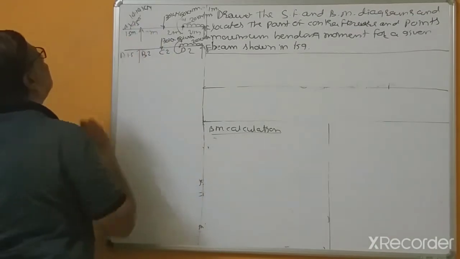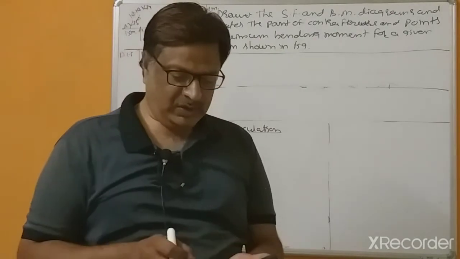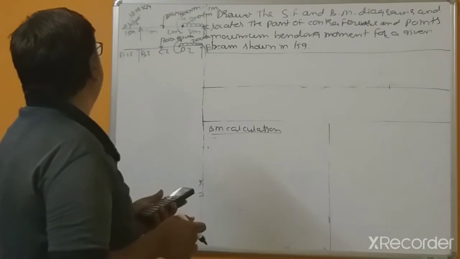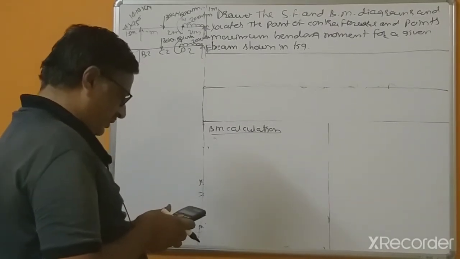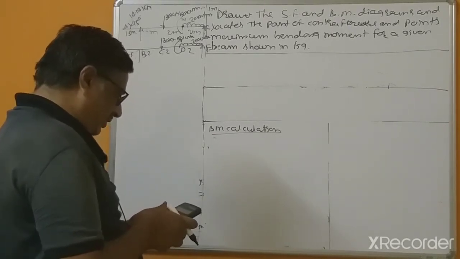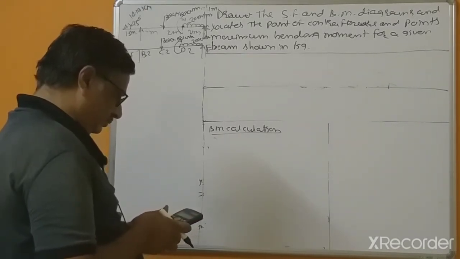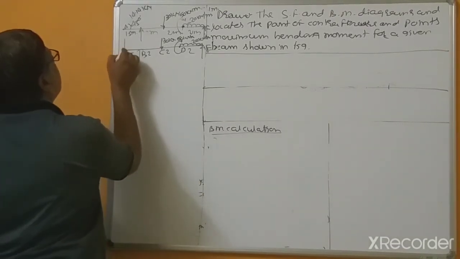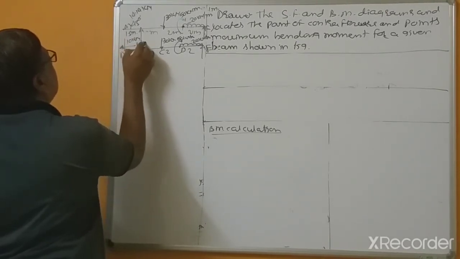And this is 14.14 kilonewton multiplied by sin 45. We will get the same values because cos 45 and sin 45 have the same value. So this is vertical 10 kilonewton and horizontal also 10 kilonewton.